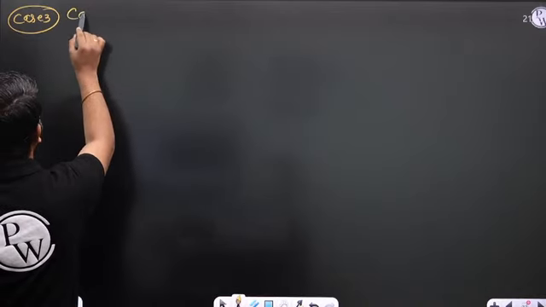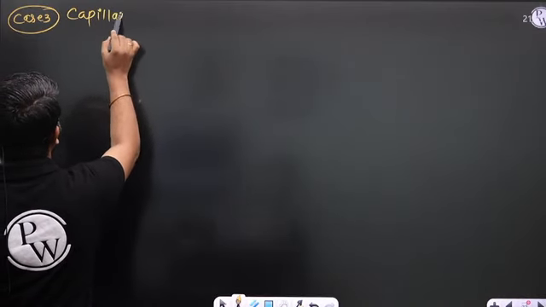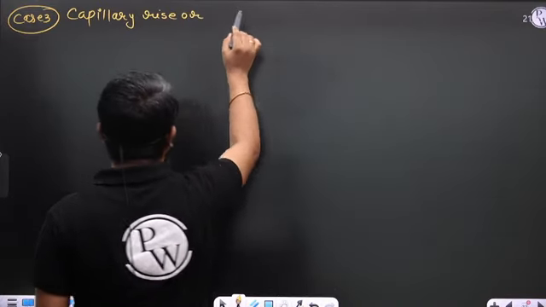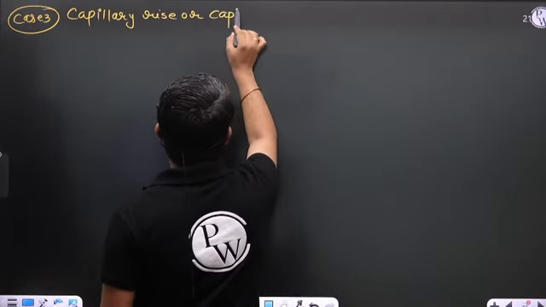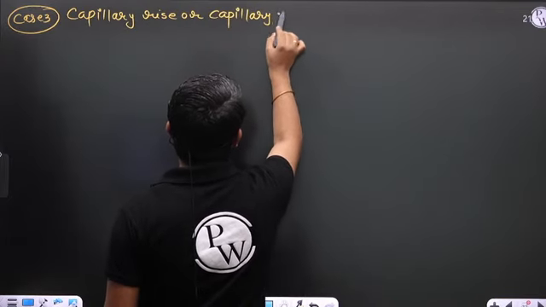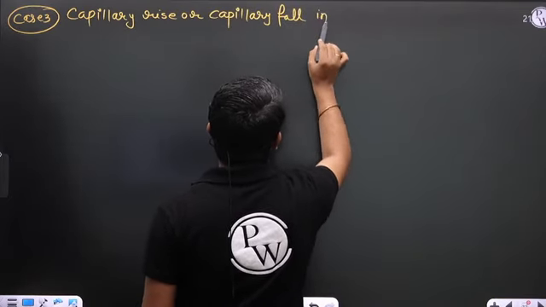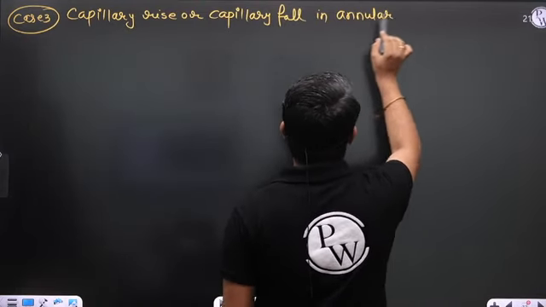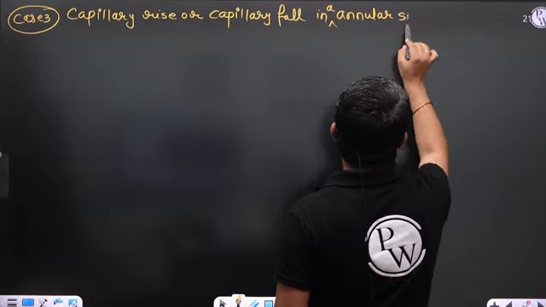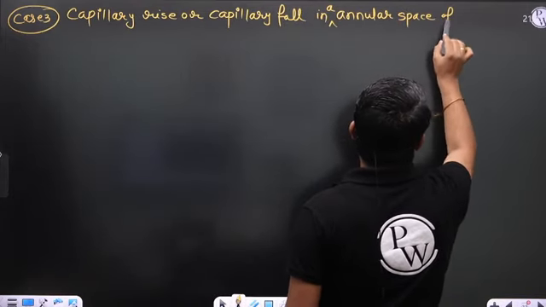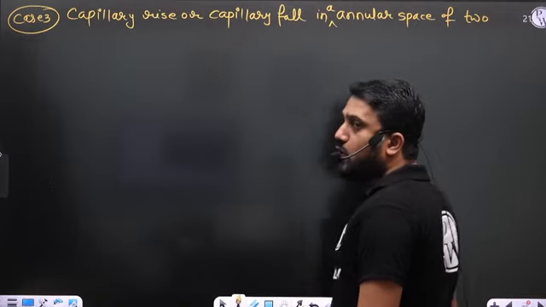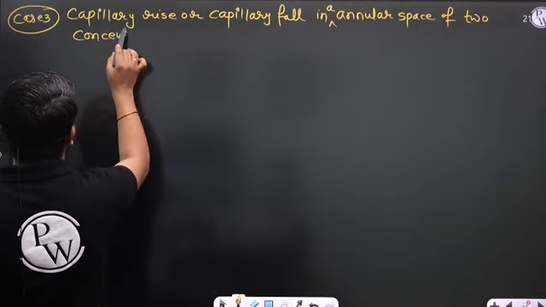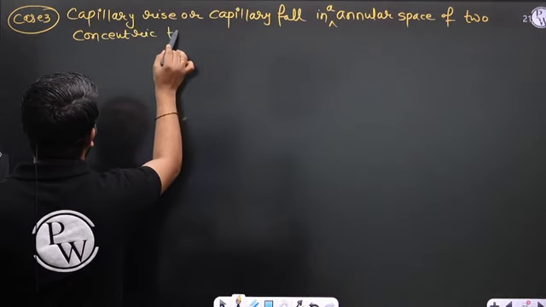Find the capillary rise or capillary fall in an annular space of two concentric tubes.